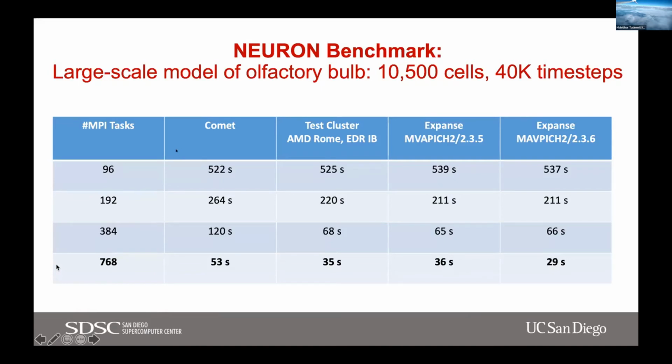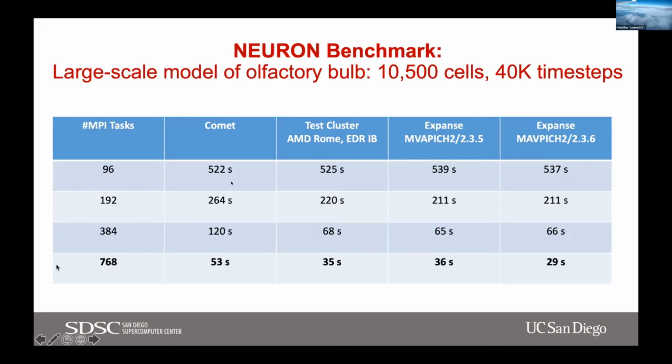So again, we are comparing, and the task counts are odd because Comet had 24 cores per node. So we are basically doing 4 nodes, 8 nodes, 16 and 32 on Comet. On Expanse, of course, we have almost 5x the core count, so it's a little fewer nodes. We were trying to do per core as close as we could get.